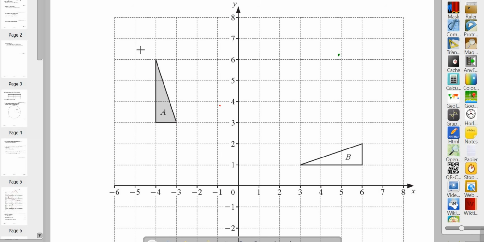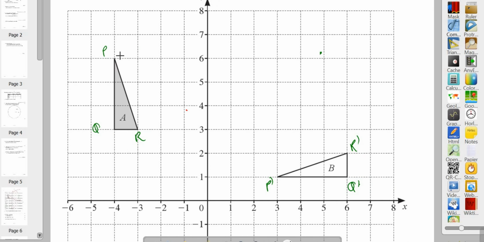So look, if this point is P, Q, R, this point is P prime, this point is Q prime, and this point is R prime. Now in order to join these points, we'll match the respective points with each other.